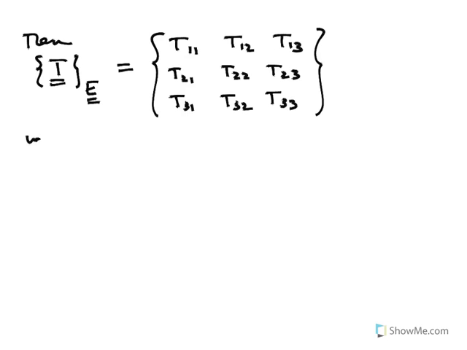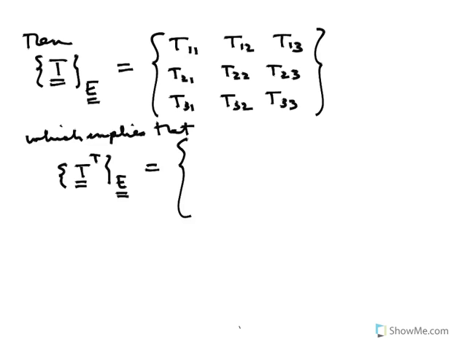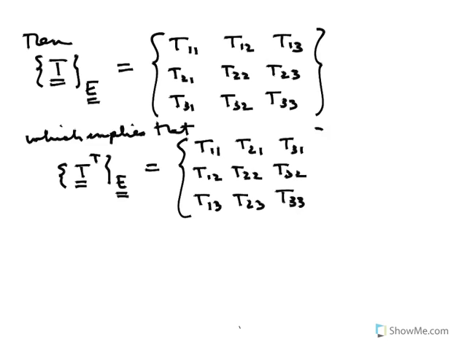This implies that T transpose expressed in this basis E1, E2, E3 is equal to T11, T21, T31, T12, T22, T32, T13, T23, T33.